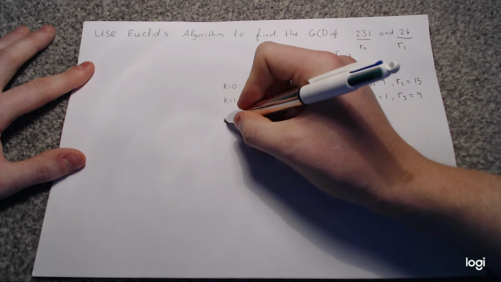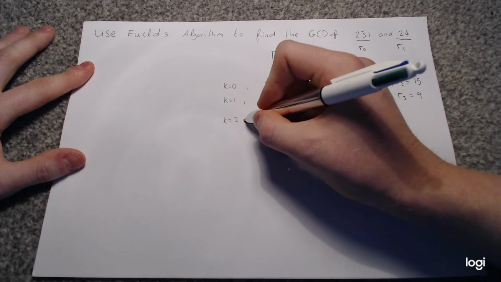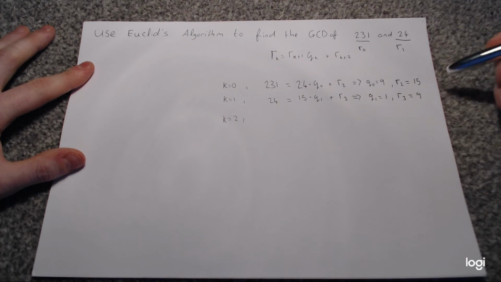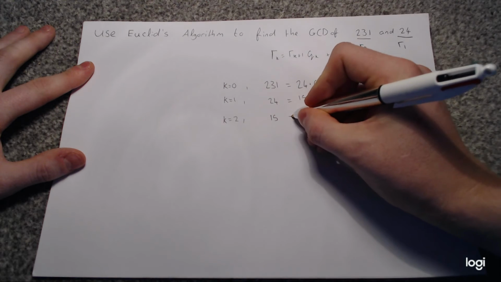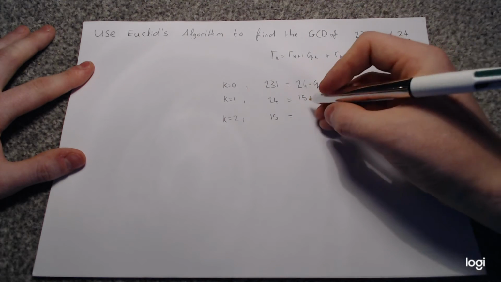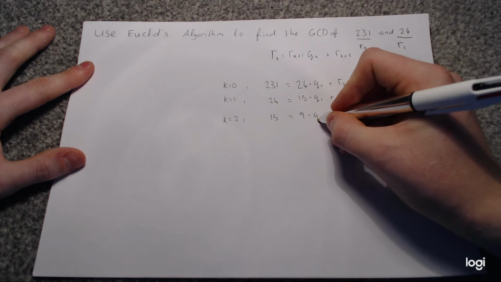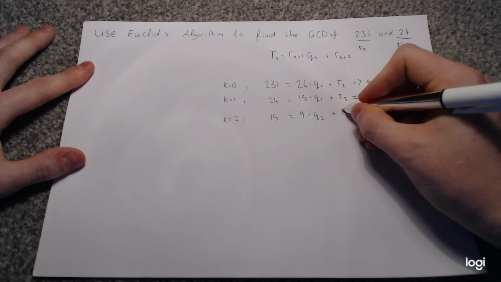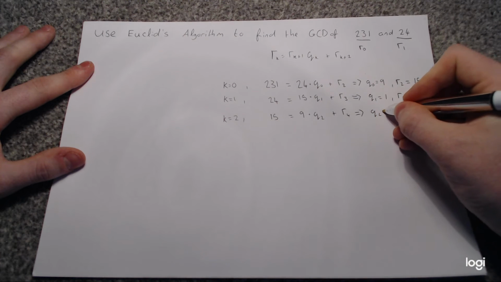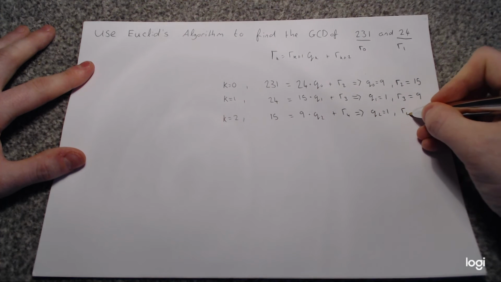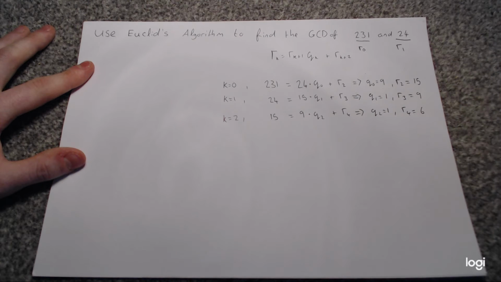Let's keep going then. So next k is 2. So now we've got r2, which we defined over here to be 15, equals r3, which we just found to be 9, times q2, plus r4, which is going to give us another q2 of 1 again, and an r4 of 6.